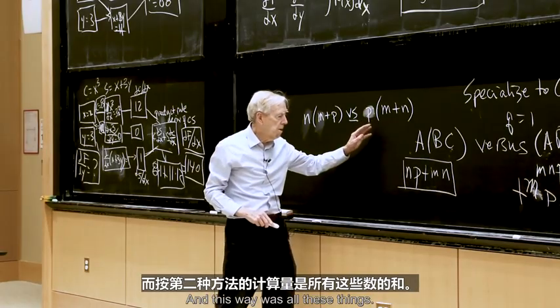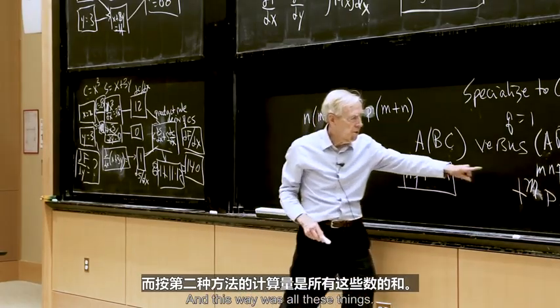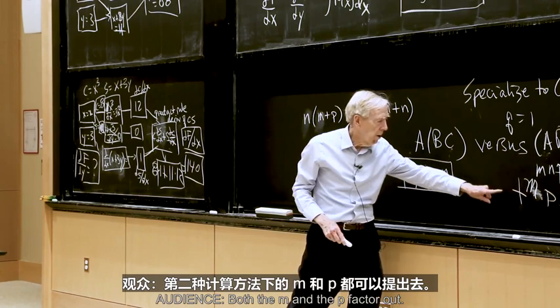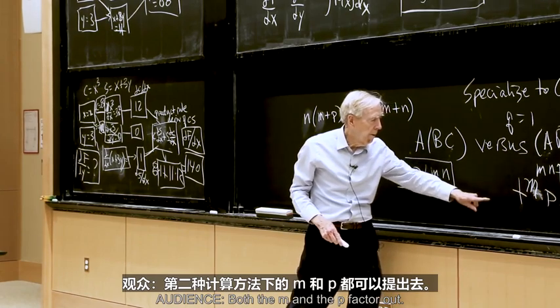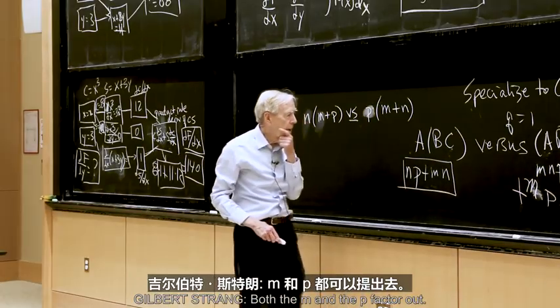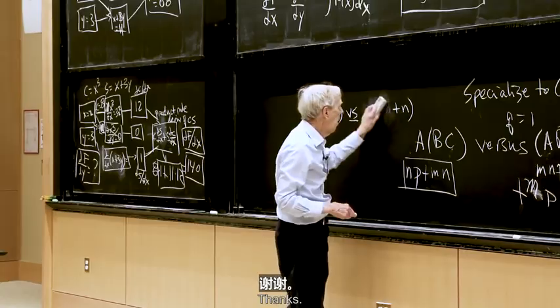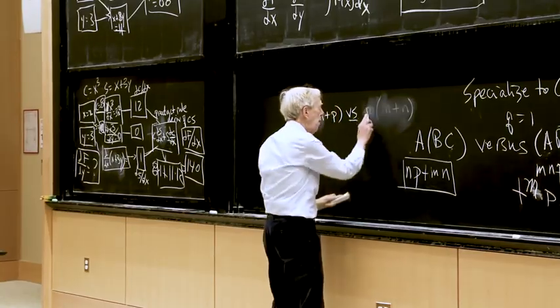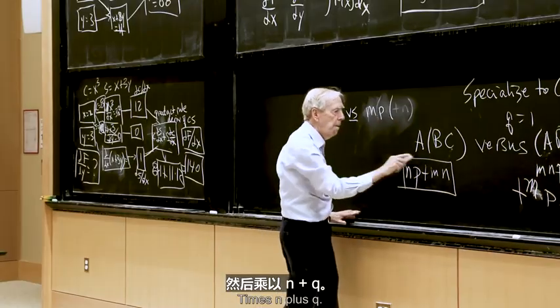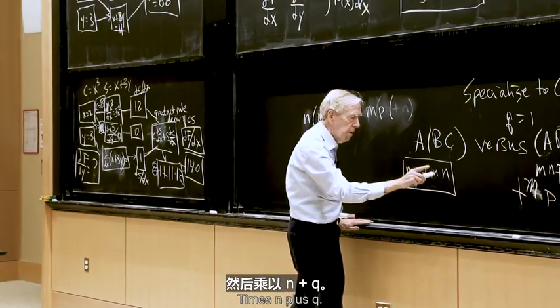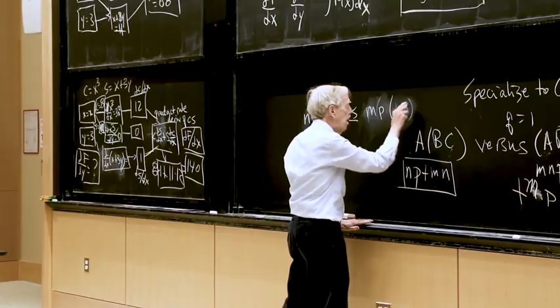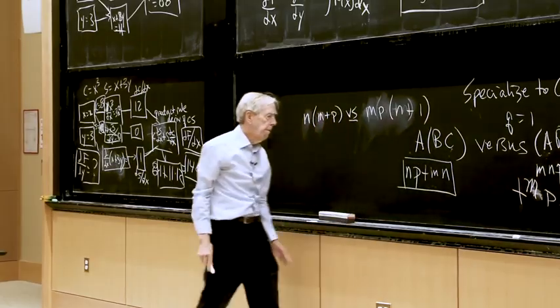And this way, both the m and the p factor out, times n plus q, and q was 1.